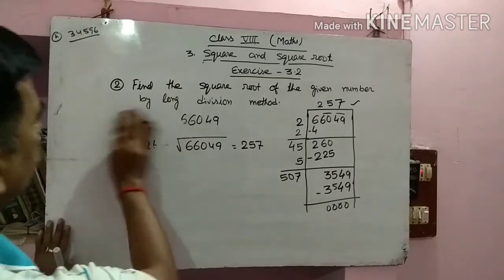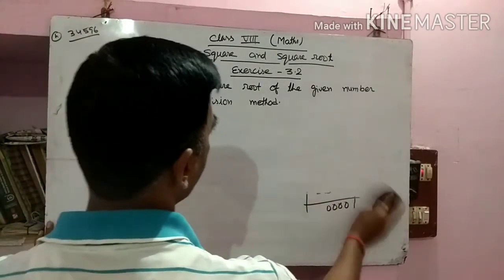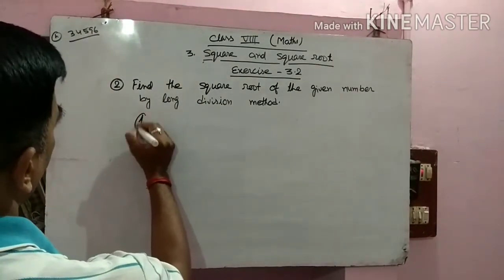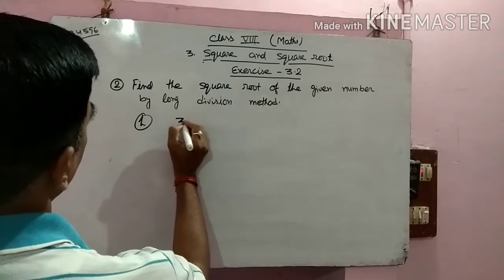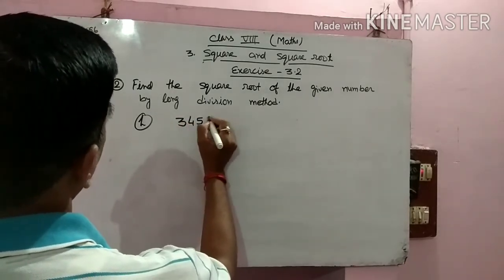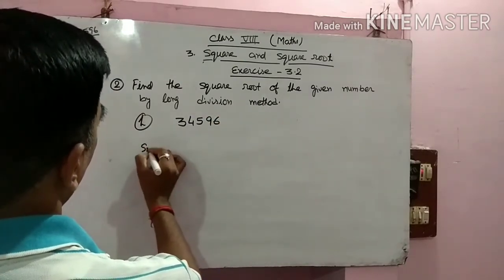The next question is question number 3, which is 34596.